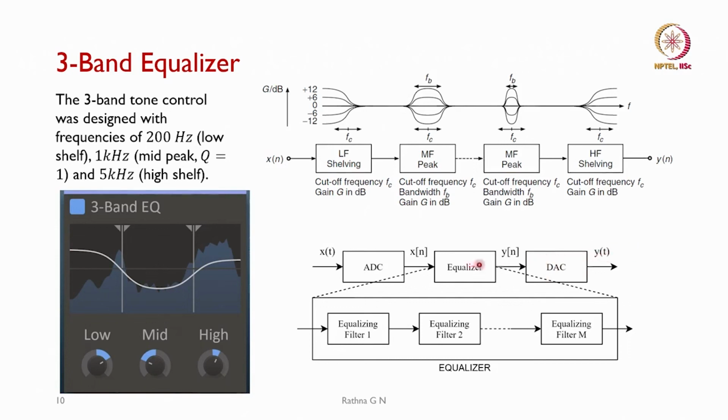But I do not want to use this ADC and DAC. I want to see whether I can provide the equalizing filters, equalizer filter 1, 2 and then M, depending on whatever bands you select, to the data I have stored. That is the cascade section you are seeing, which goes into your equalizer.